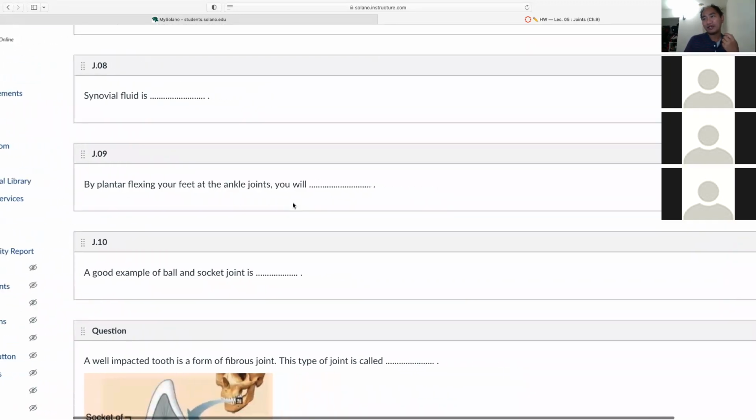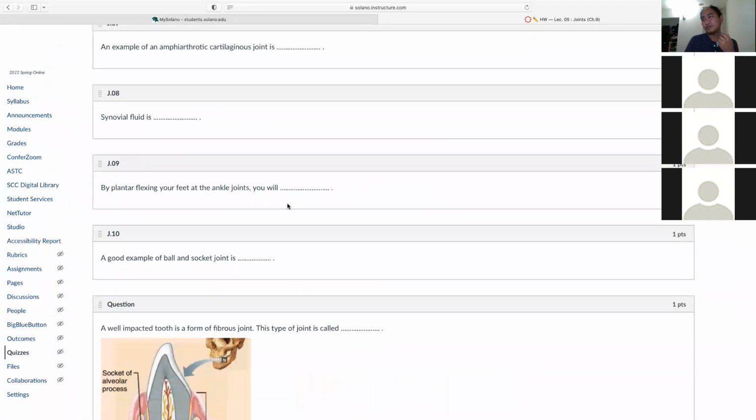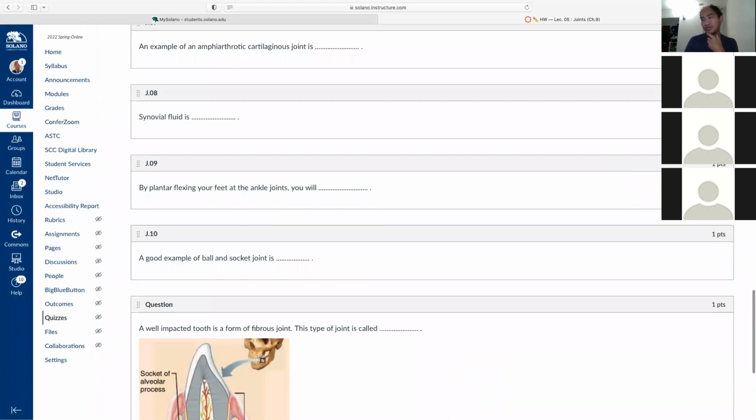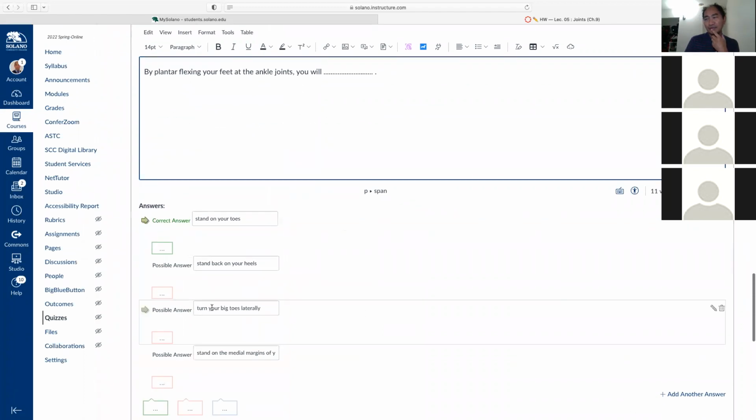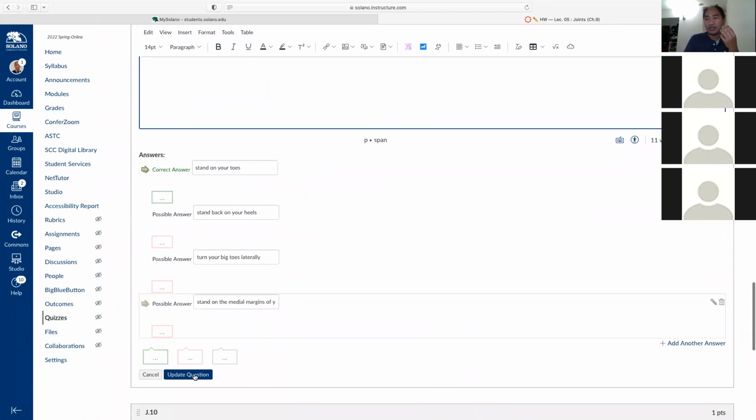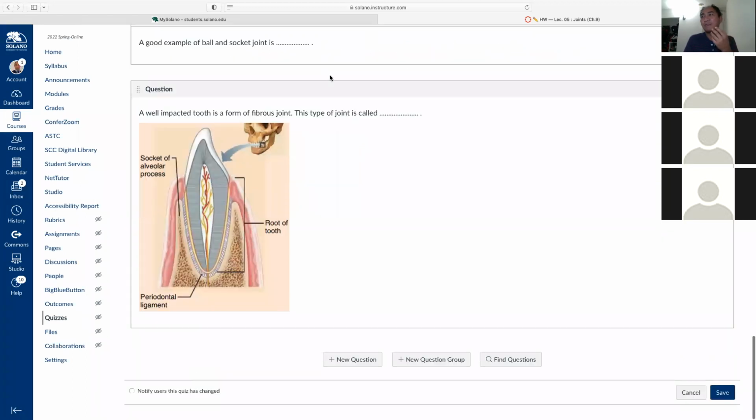By plantar flexion of your feet at the ankle joint, you will... So what happens then? Oh yeah, this is a directional question. On the homework, some of the diagrams are not showing up.